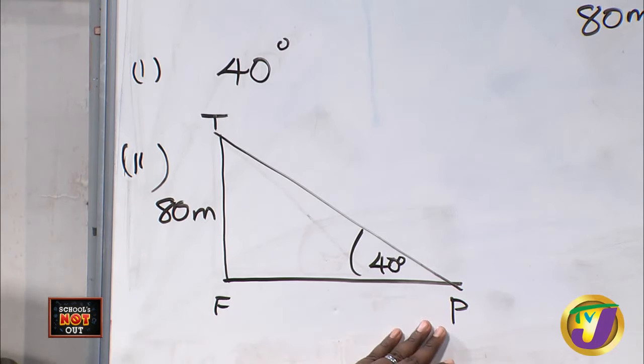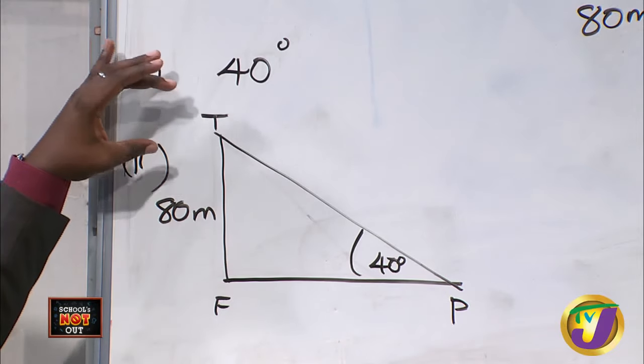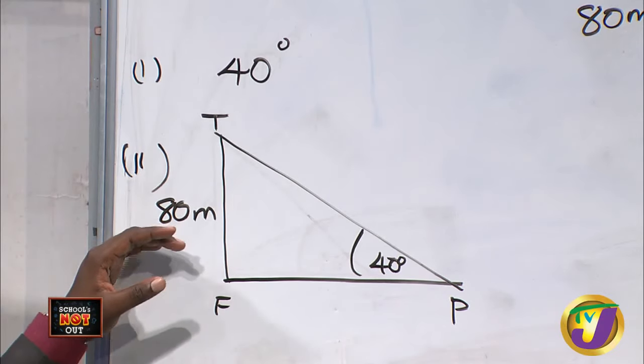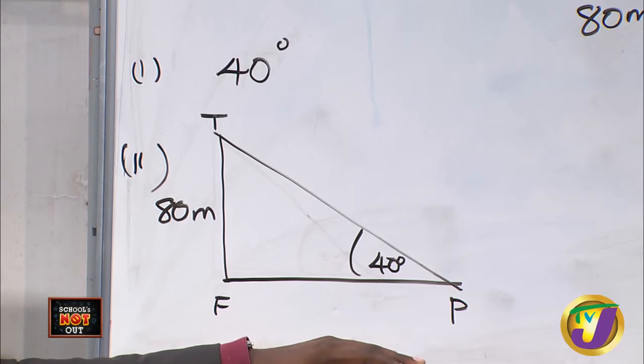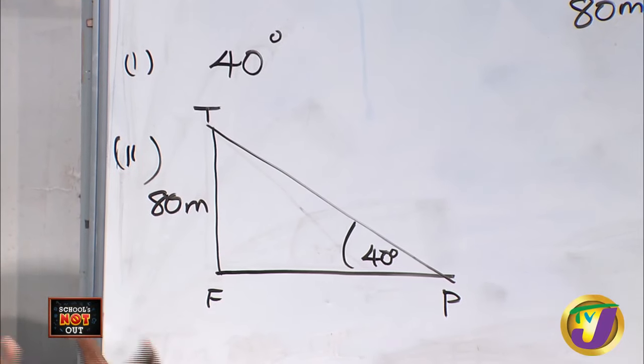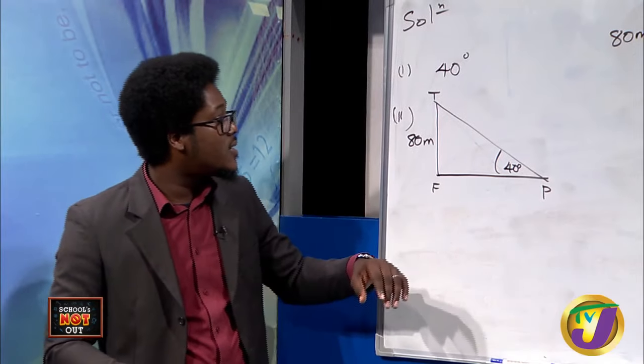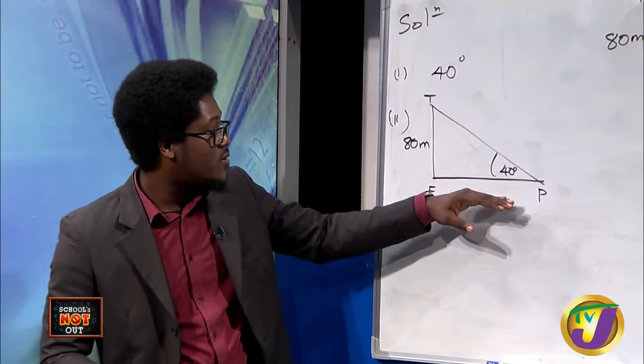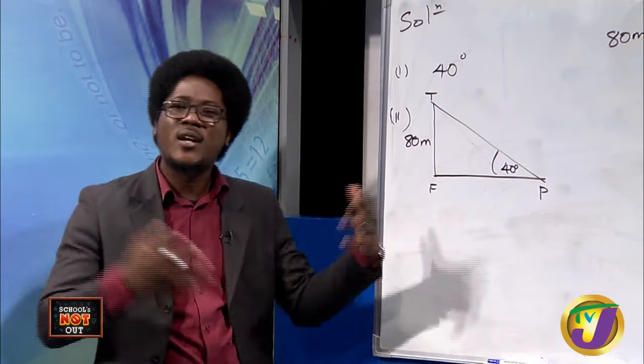Given that the line TF, which is 80 meters, is opposite to the working angle, we know the opposite is one of the sides we're working with. FP is adjacent to the angle, beside the angle, so automatically we know it's the adjacent side.